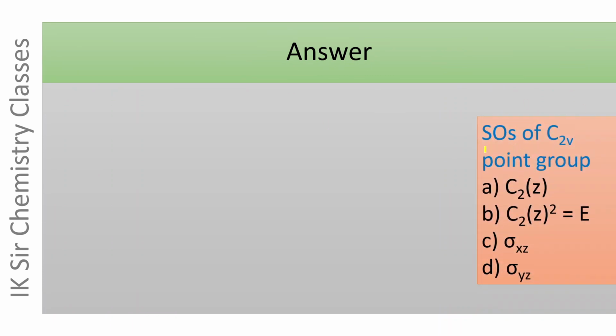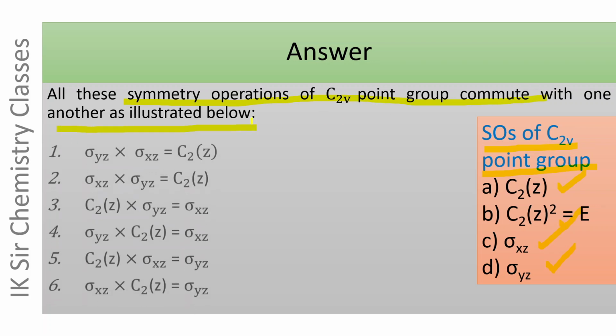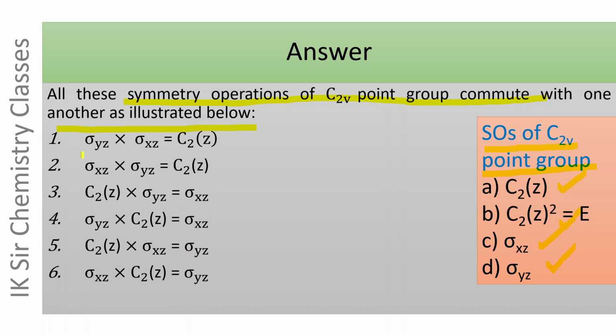The symmetry operations of C2V point group are C2z, E, sigma xz, and sigma yz. These symmetry operations commute with one another as illustrated below. Sigma yz into sigma xz is equal to C2z, and sigma xz into sigma yz is also equal to C2z. Thus, these two symmetry operations commute with each other. C2z into sigma yz equals sigma xz, and sigma yz into C2z is again equal to sigma xz.